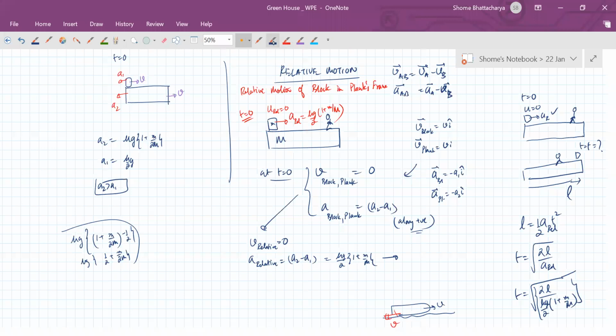But now with respect to the plank, the block is slipping forward, so the plank will apply a backward friction on it. There is a forward friction on this plank, but the ground's friction dominates, so it decelerates. And the block decelerates because of this. That's why A1 and A2 are both backwards. That is the tricky thing in this question: to figure out the directions of friction.